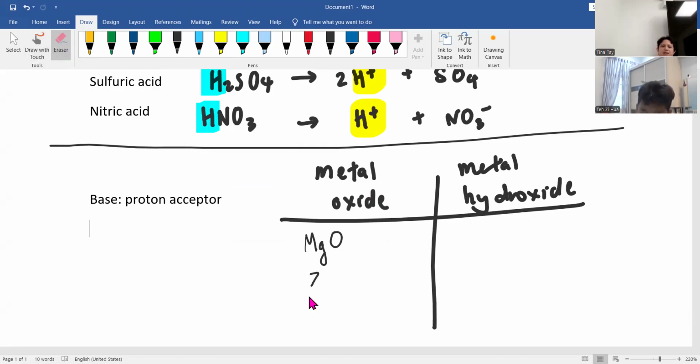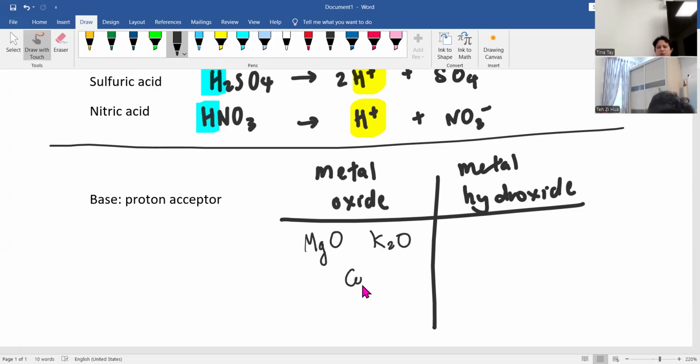Potassium is a metal, potassium oxide is a base. Copper is a metal, copper oxide is a base. Calcium is a metal, calcium hydroxide is a base. Potassium hydroxide is a base.